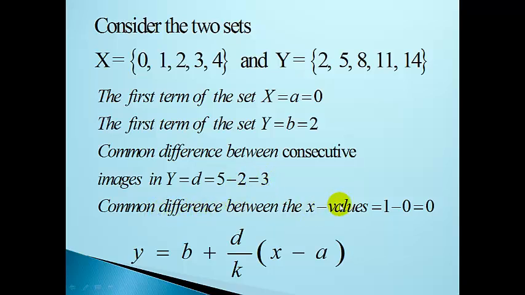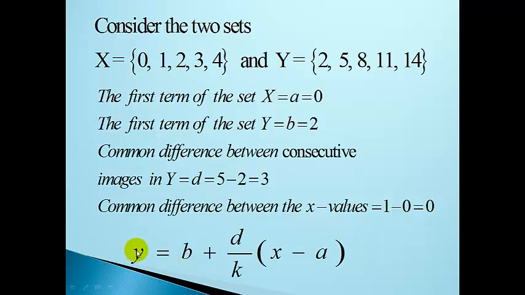Now the common difference between the x values is the second x value minus the first x value, or the third minus the second, or the fourth minus the third, or the fifth minus the fourth. So the common difference between the x values equals 1 minus 0.